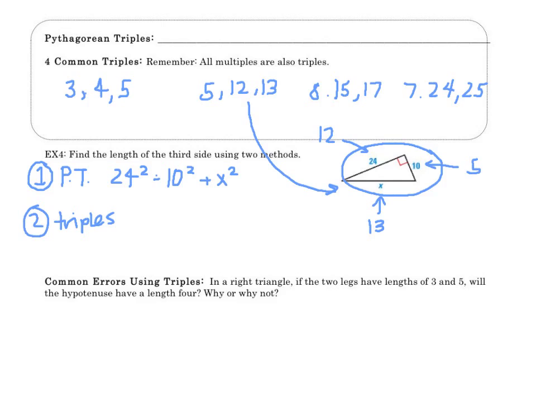And like we talked about before, the hypotenuse always has to be the longest side. So using this extended ratio of 5 to 12 to 13 on this triangle, and we know that this triangle is twice the size of 5, 12, and 13, that makes the hypotenuse 13 times 2. We just had to double it like we doubled every other number in the ratio. If you had done it using the classic Pythagorean theorem, you also would have gotten 26 for x.